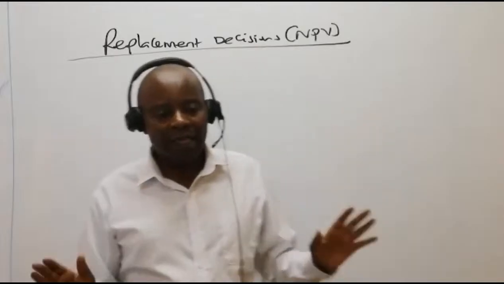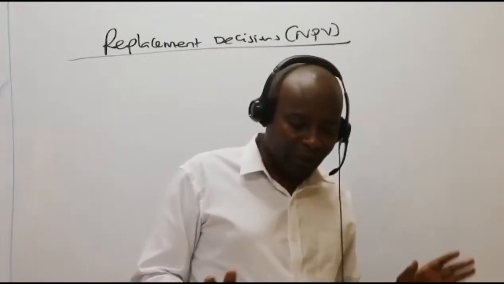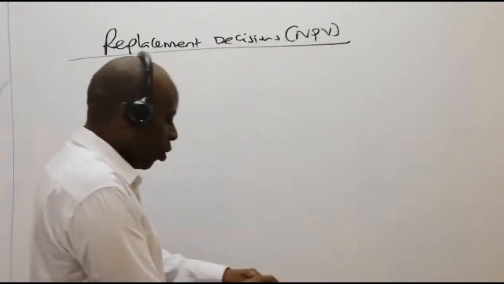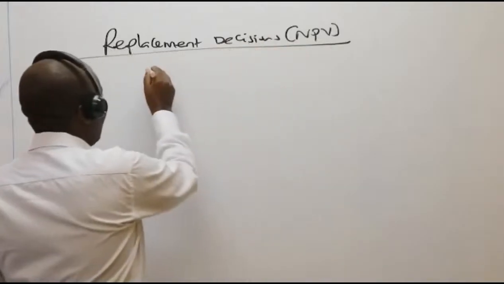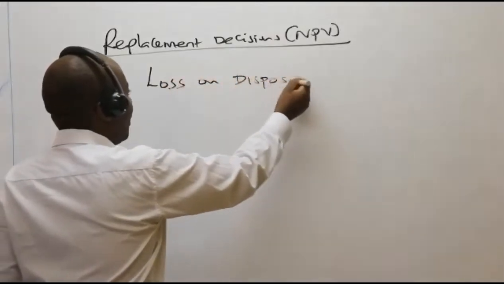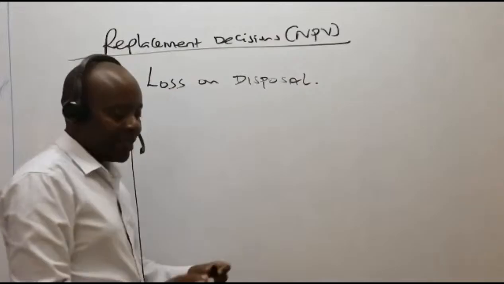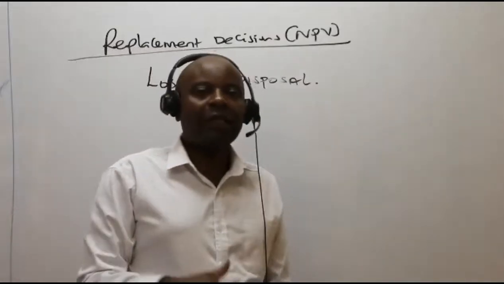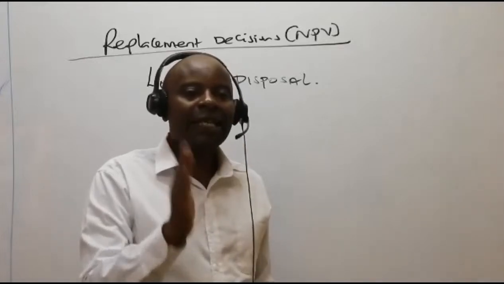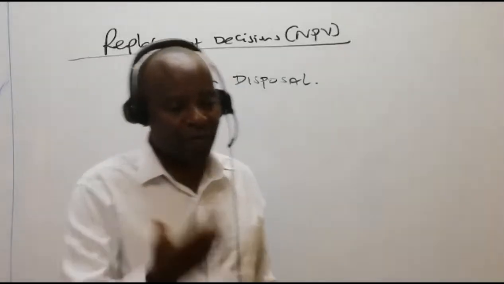The very first thing we will do is to calculate the loss on disposal. If you buy a machine today, a 10-year-old machine, and at the middle, year number 5, you start selling it, chances are you'll make a loss straight away.